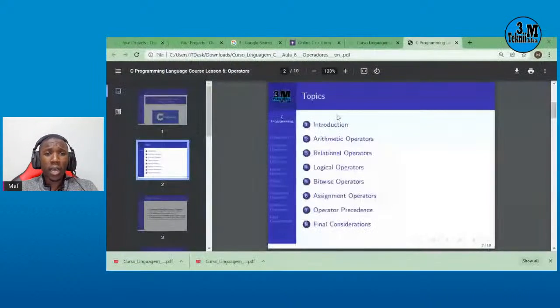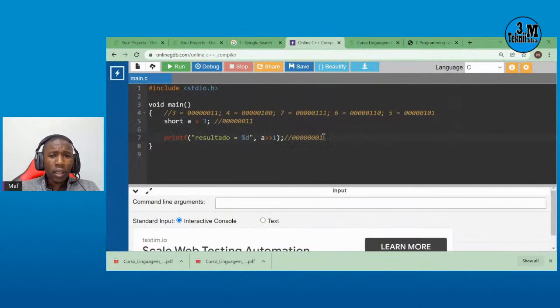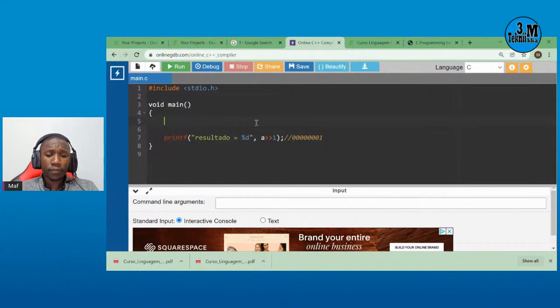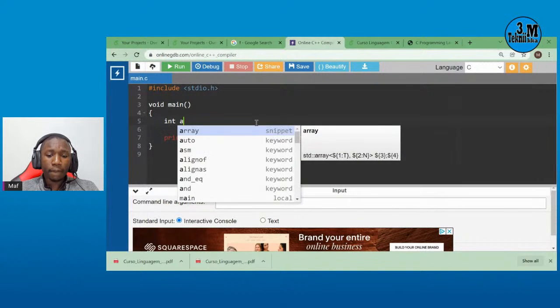Arithmetic operators, how do they work? I have some stuff here. Let me delete this. I was already coding for my other channel, so don't worry. I'm going to create an integer variable called a.